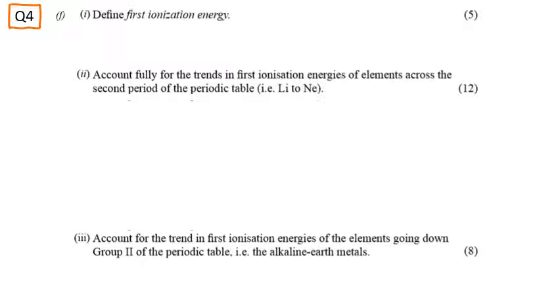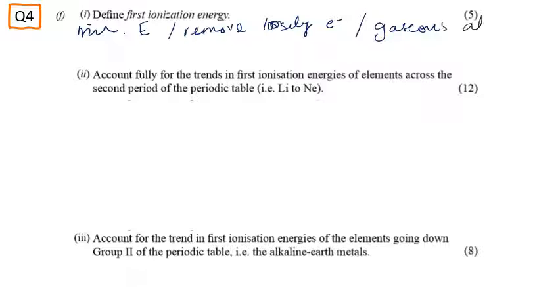Part F moves on to revising periodic trends. First of all, defining first ionization energy. It's the minimum energy required to remove the most loosely bound electron from a gaseous atom in its ground state.